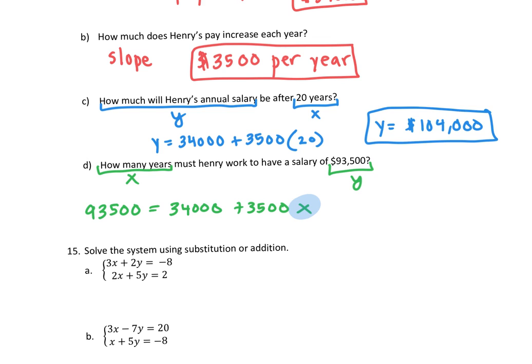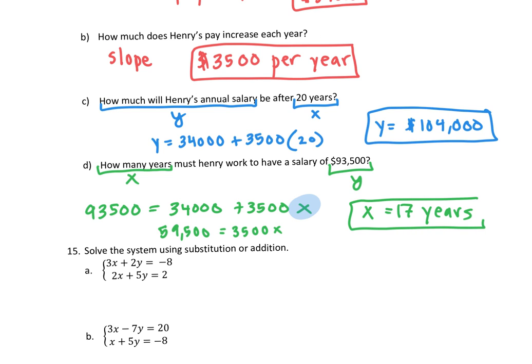So I'm going to subtract the 34,000 over. That gives us 59,500 equals 3,500x. And if I just divide that by 3,500, I get x equals 17. So that's 17 years. It will take Henry 17 years to earn a salary of $93,500.